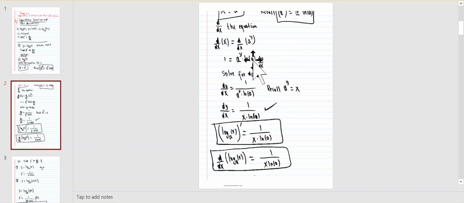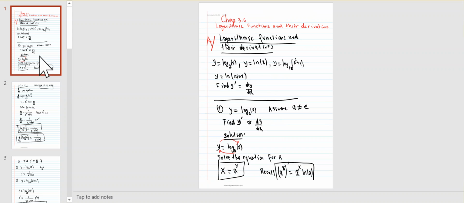And then from this equation, since we're looking for dy dx, you can solve for dy dx by dividing both sides by a to the y times ln of a. So then you get dy dx equals 1 over a to the y times ln of a. But we know the expression of a to the y: it is actually x.